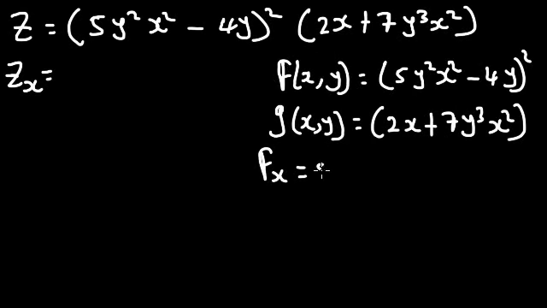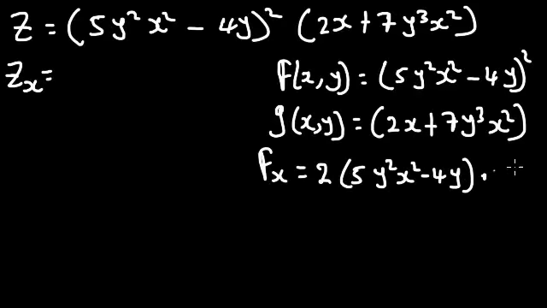Thus, we have 2 multiplied by 5y squared x squared minus 4y, to the power of 2 minus 1. We are reducing it by 1, it's still 1. So we are multiplying it with the partial derivative of k, which is the partial derivative of what is here with respect to x. So that k, that x.